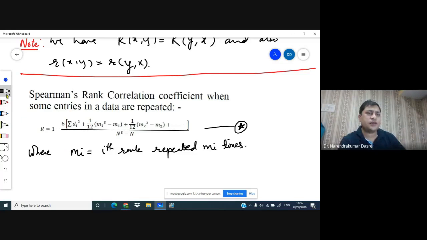For example, if we are analyzing meteorological data, suppose we are recording the temperature over 24 hours. It may be possible that you get the same temperature for many hours.